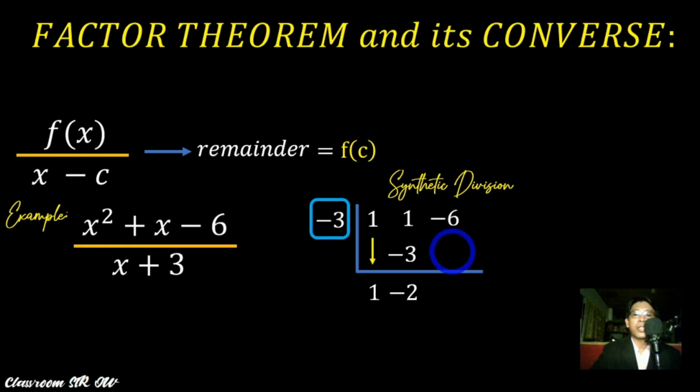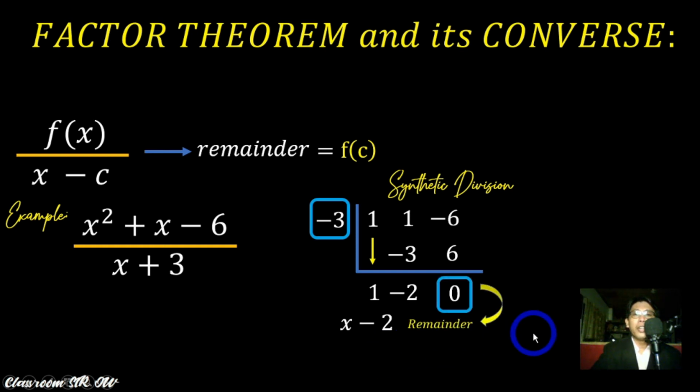The product of negative 3 times negative 2 is positive 6, and negative 6 plus 6 is 0. Therefore, our quotient when the polynomial is divided by x plus 3 is x minus 2, and our remainder is 0.